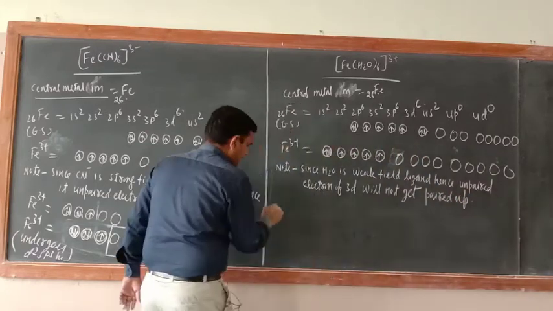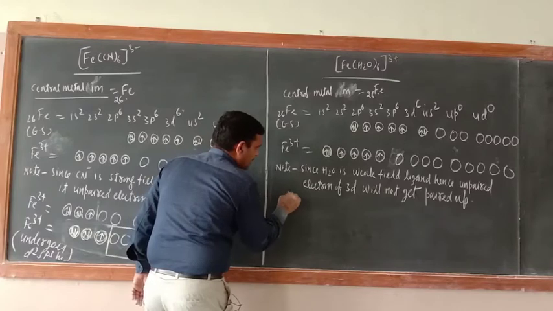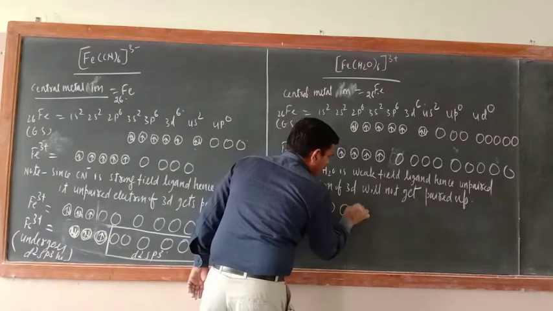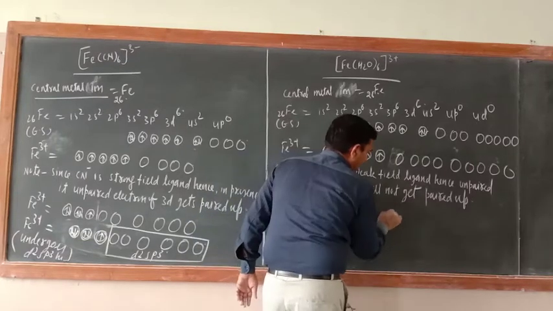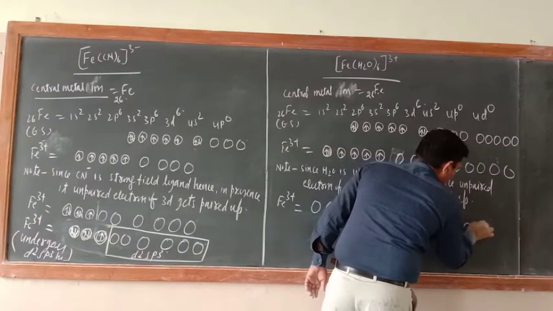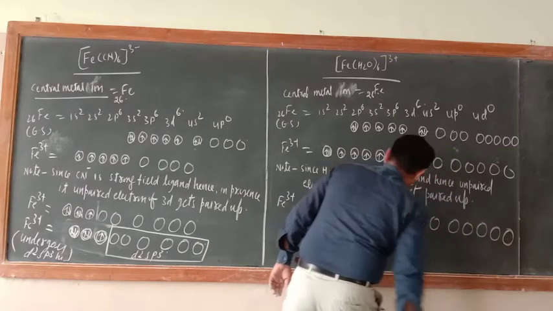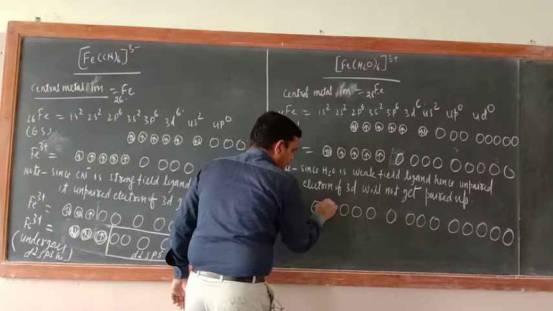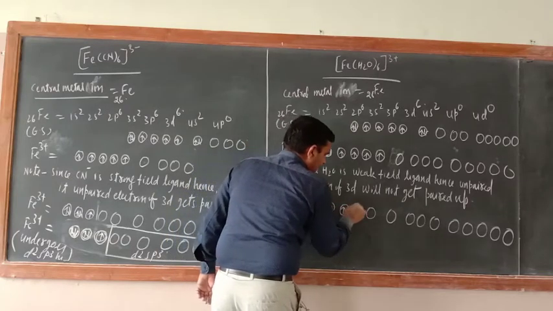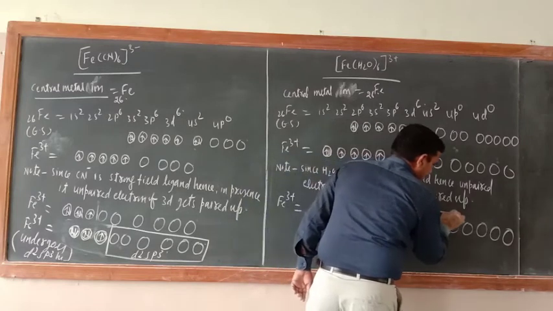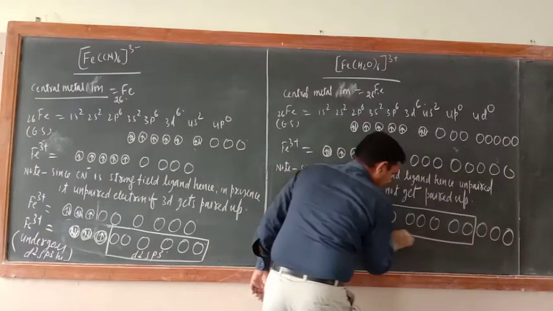So here Fe3+, 1 2 3 4 5, they will be as such. Now what is the name of hybridization? sp3d2.